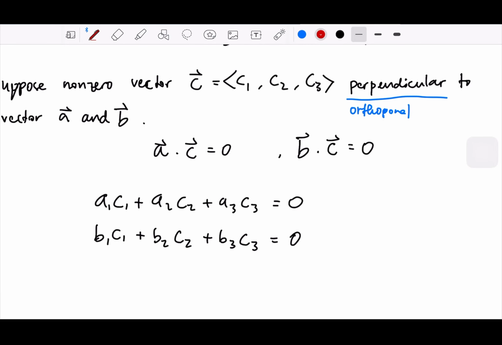Okay, we multiply the first equation with B3, multiply the second equation with A3, and subtract both of them.